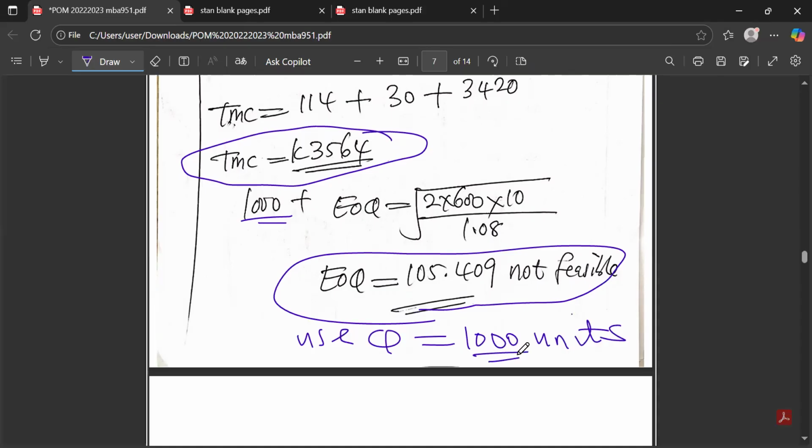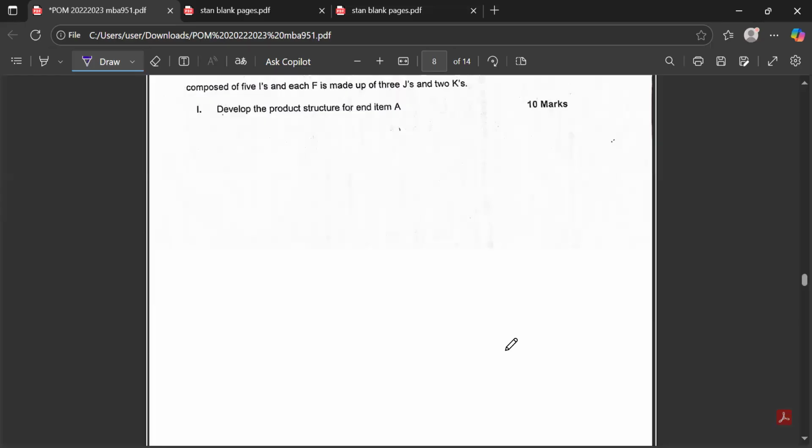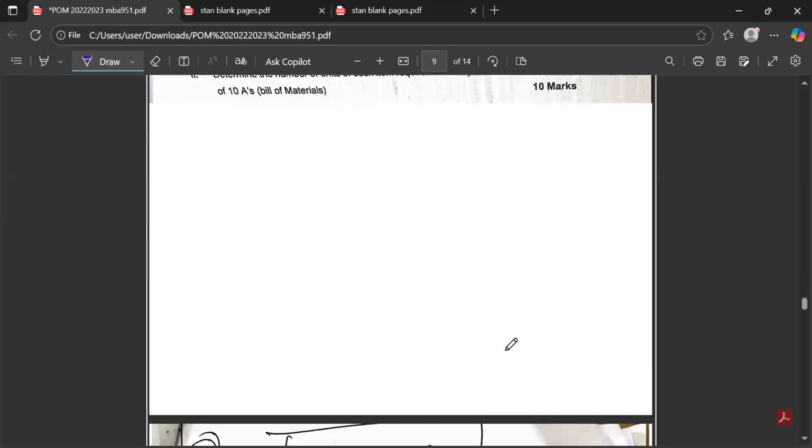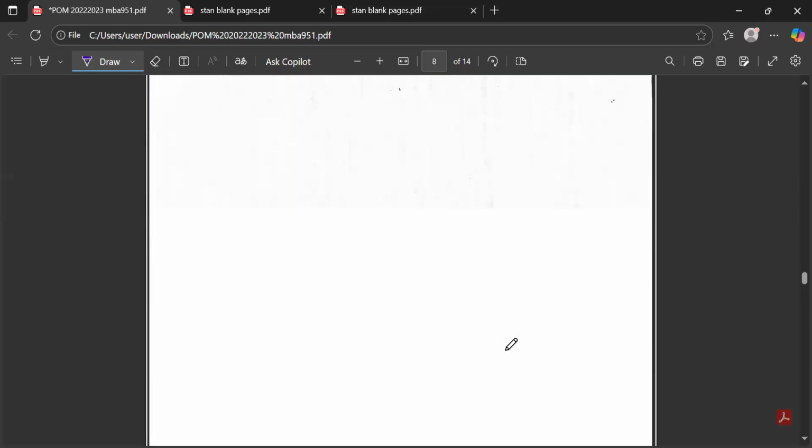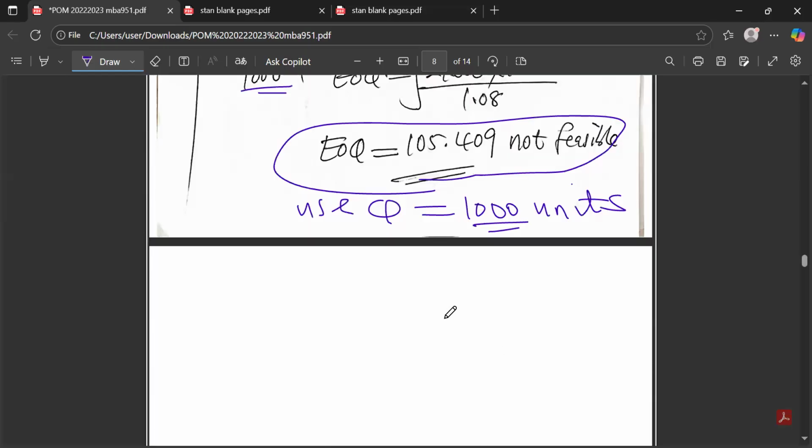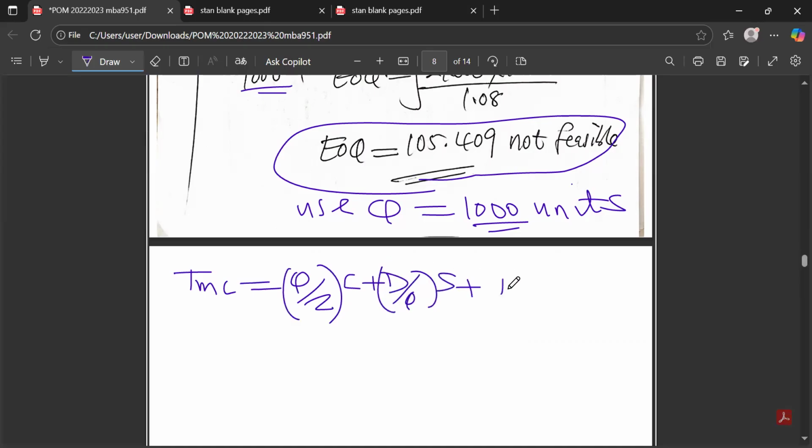If you use Q of 1,000 units, you now substitute in the formula here. So our total material cost will be equal to Q over 2 times C plus D over Q times S plus AC times D.